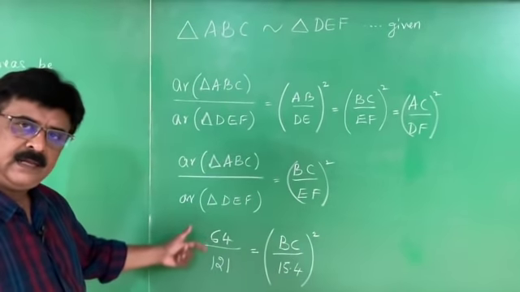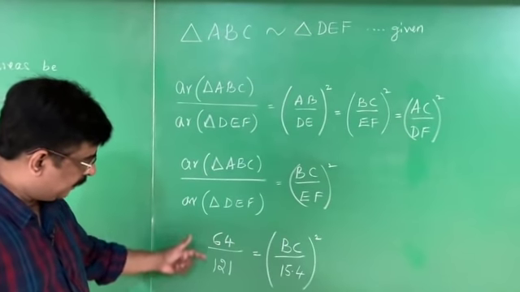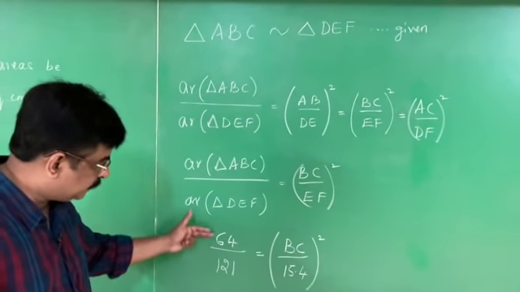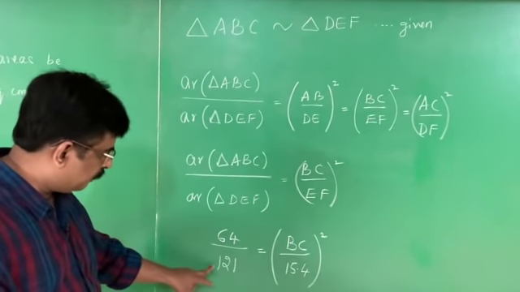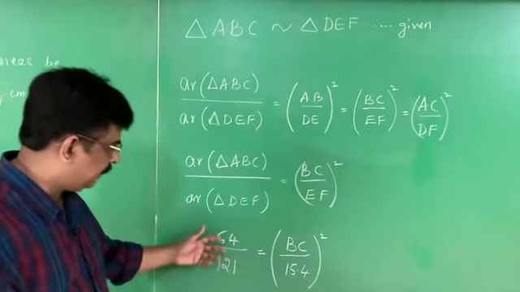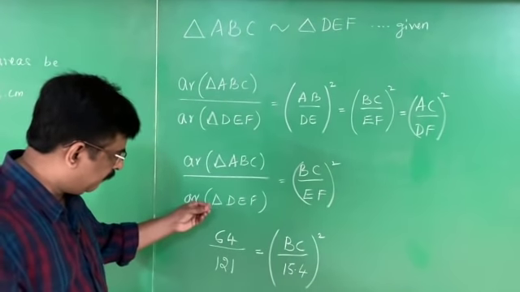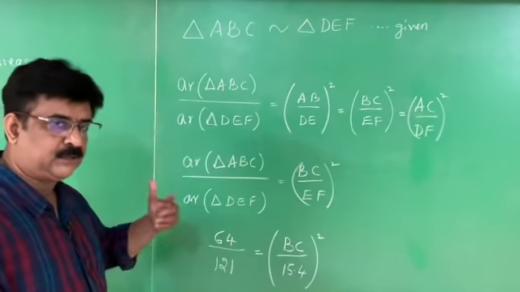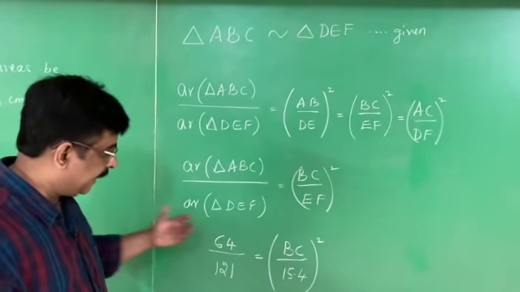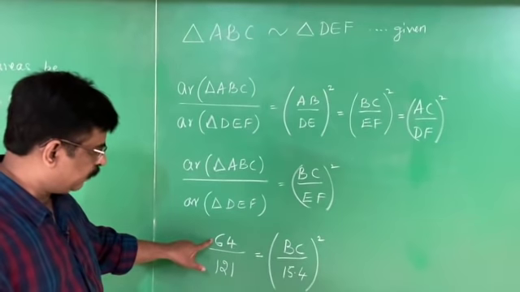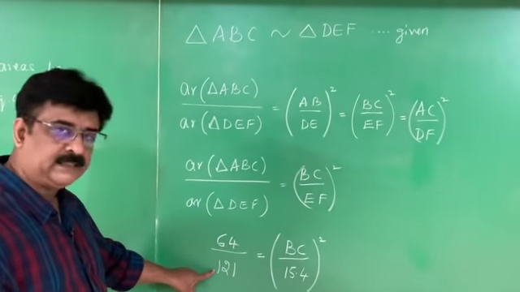I can easily take the square root because both numbers are square numbers. Square root of 64 is 8, square root of 121 is 11. Children, at the 10th standard level, you should know square numbers and cube numbers.